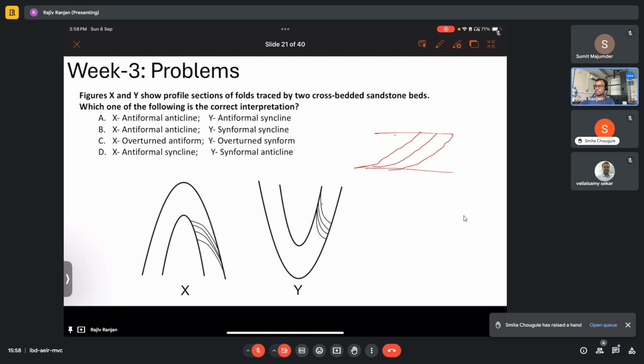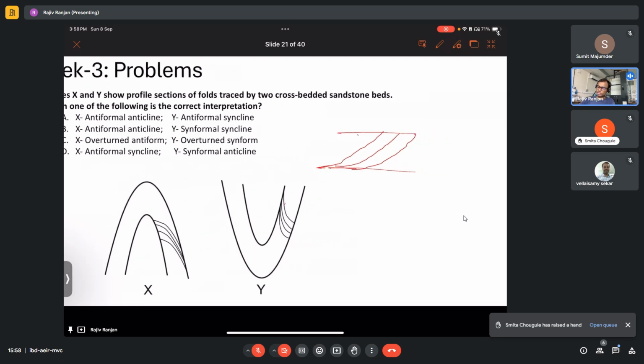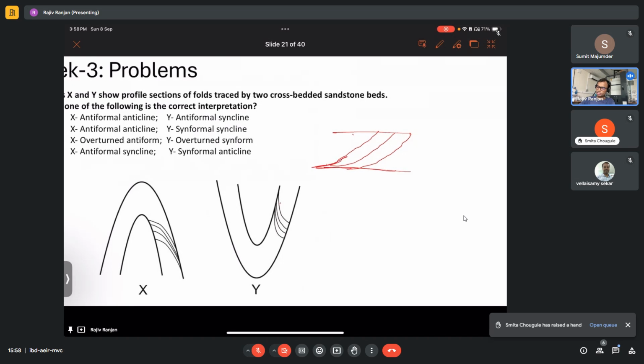Don't remember? So I told you last day that this asymptotic bottom actually gives us the stratigraphic bottom direction. This gives you the top direction, and this is bottom. Now use this and then tell me.